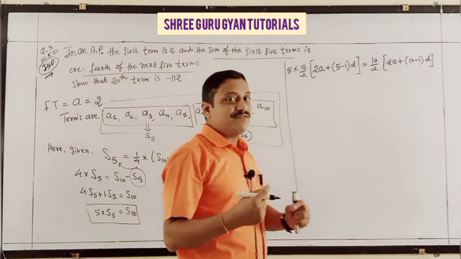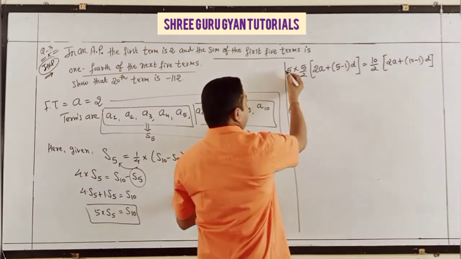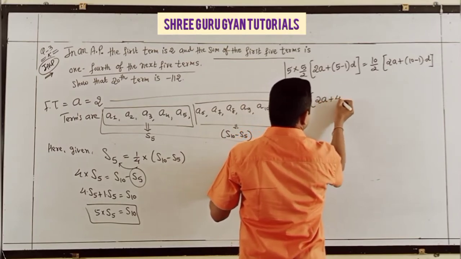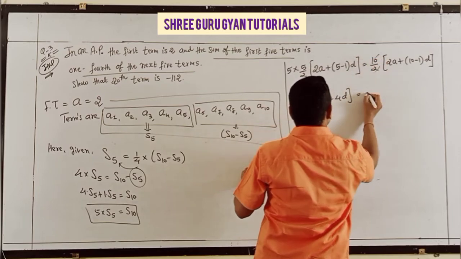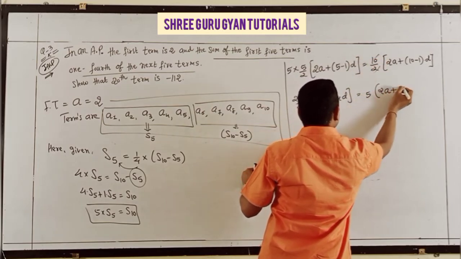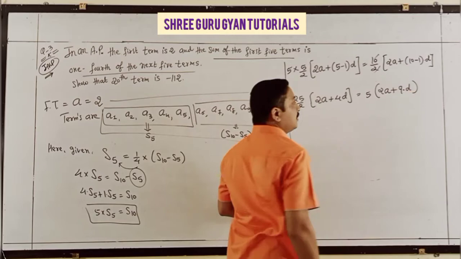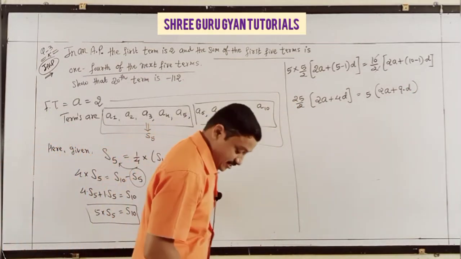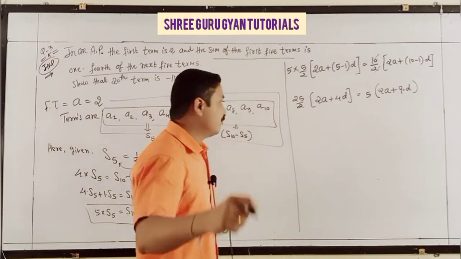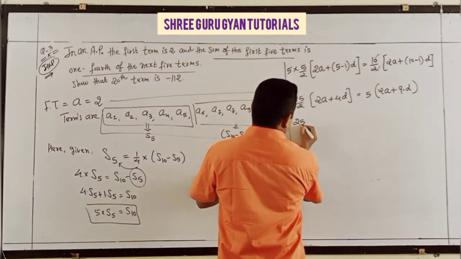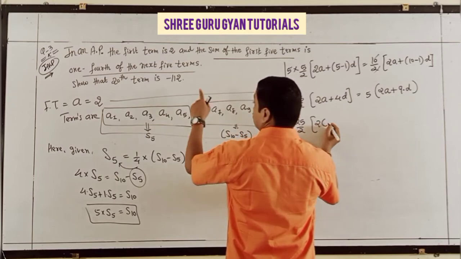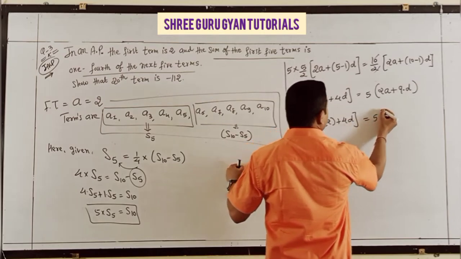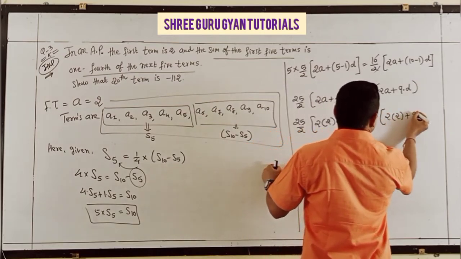Simplify for the solution. Here 5 and 5 multiply by 2: 5 times (2a plus 4d) equals 5 times (2a plus 9d), with the 5 cancelling. The value of a you already know, it is 2. Applying my values, 25 by 2 times... a is 2, so 2 plus 4d, and here 2 plus 9d.